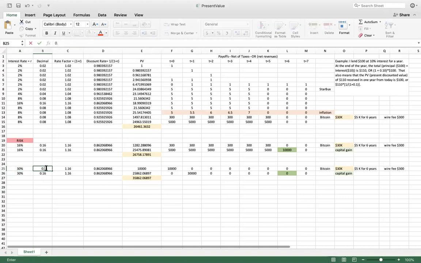I put 0.30 there. Then still it looks good, right? But at some point, if you think Bitcoin is a super risky store of value, it's going to be better to pay the bribe.